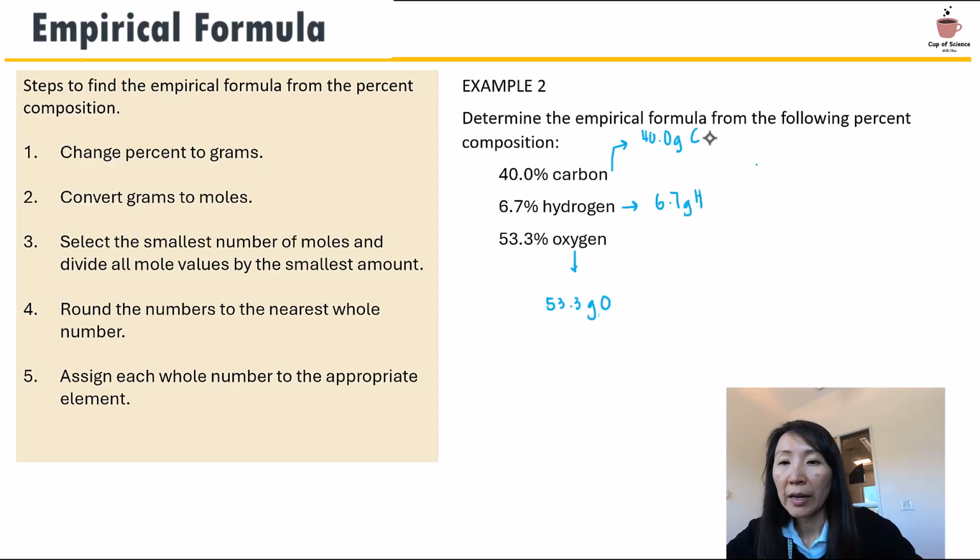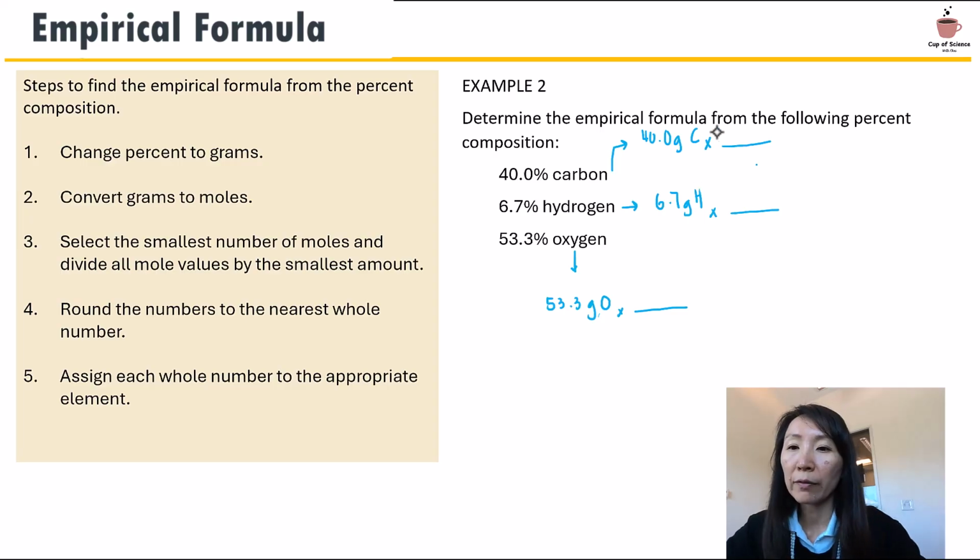Now let's convert grams to moles by multiplying with the molar mass. Every 1 mole of carbon has 12.01 grams of carbon. If you're wondering where I'm getting that 12.01, I'm getting it from the periodic table.